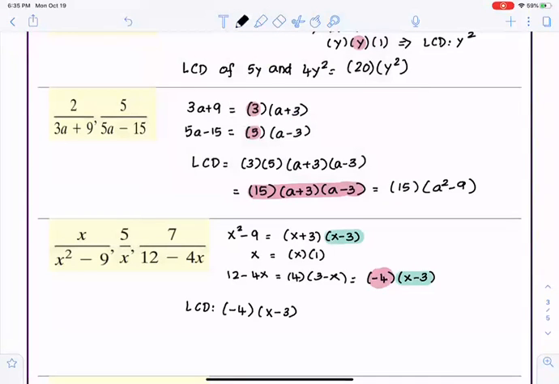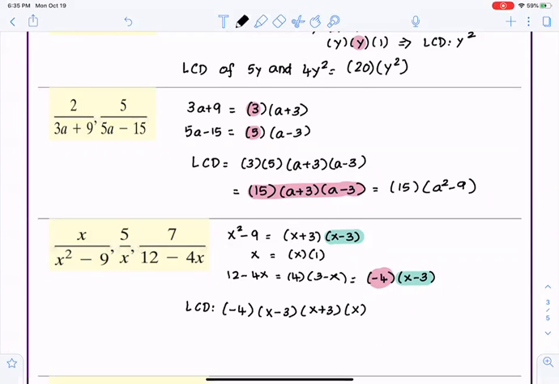x plus 3 is in the first term, x squared minus 9. It is missing in the other two, so we've got to put that in there also. In a similar manner, x appears in one of the denominators, missing in the other two, so we'll have to put that term in. So you can see I have x minus 3 in common between the three denominators, and it was missing in one of them, which is why I simply threw that x minus 3 in there.